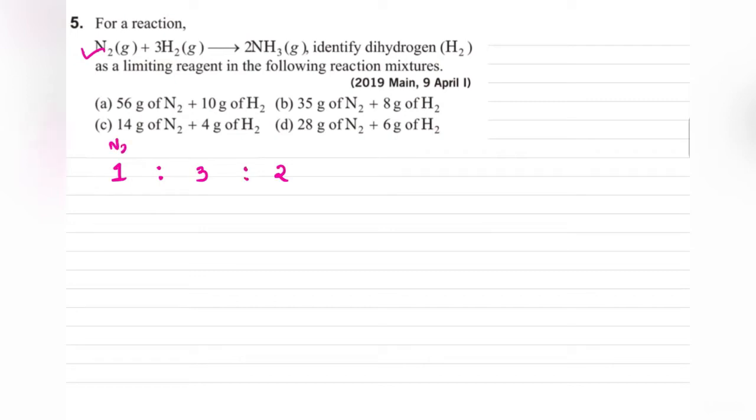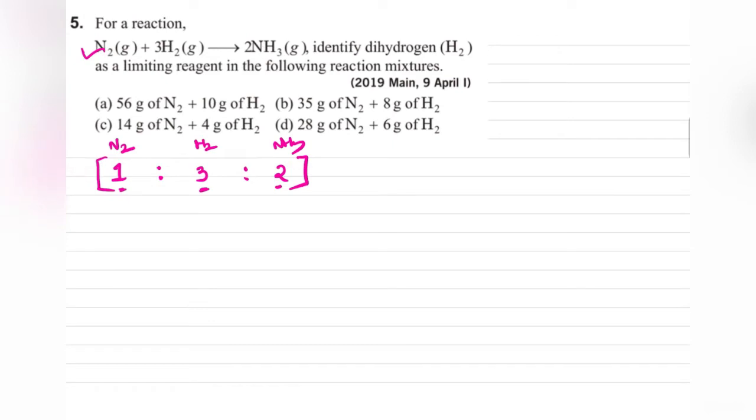This is N2, this is H2, this is ammonia formed in this reaction. Their simple ratio is 1:3:2. This is the simplest ratio.